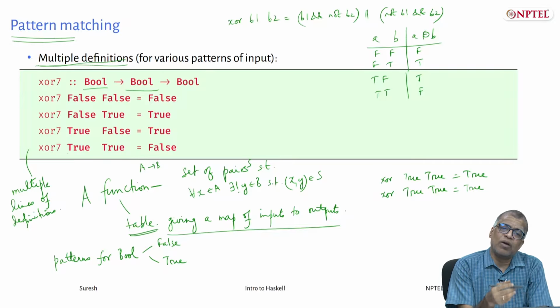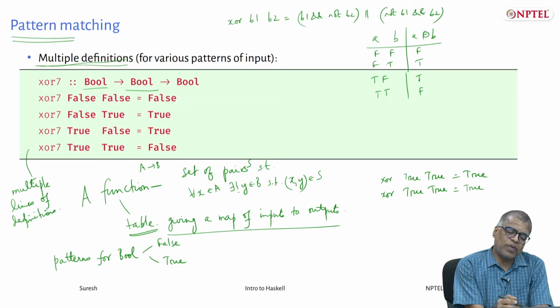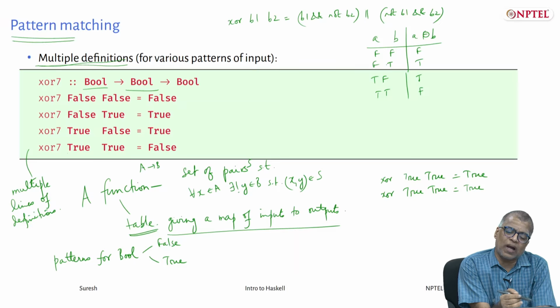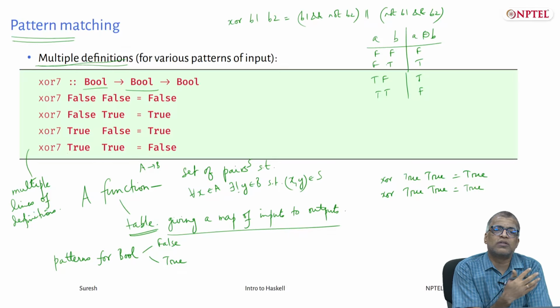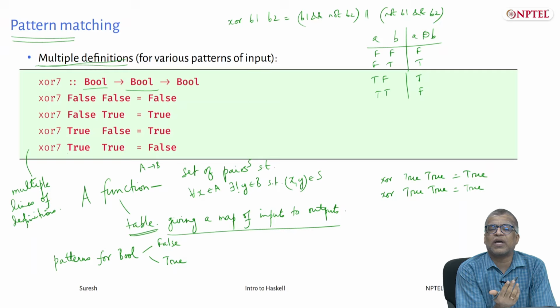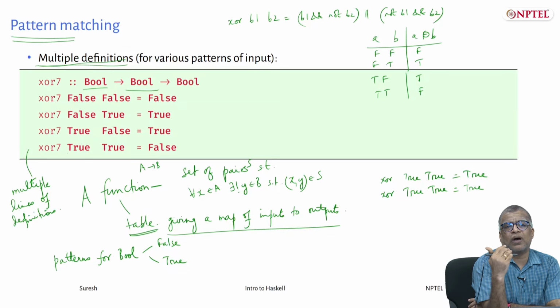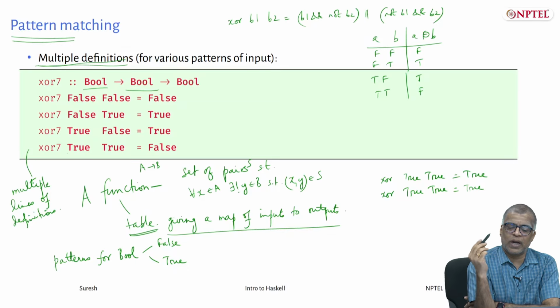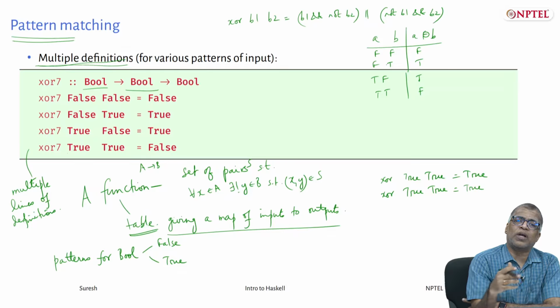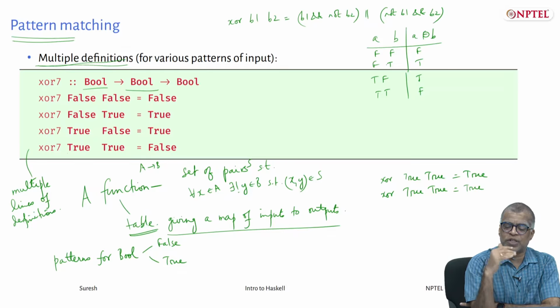But it is very tedious to do this. Suppose I had an XOR function for 3 Boolean inputs and I want to say that my output will be True exactly when an odd number of them are True. Then with 3 Boolean inputs I have 8 lines of definition I need to give.